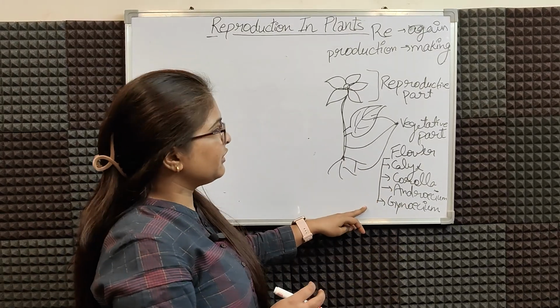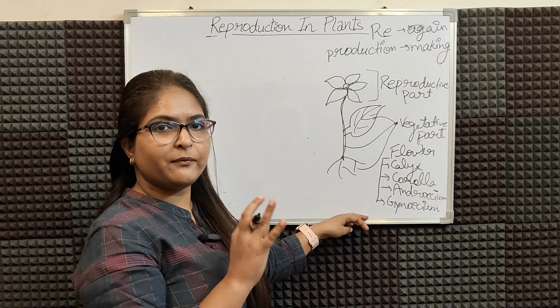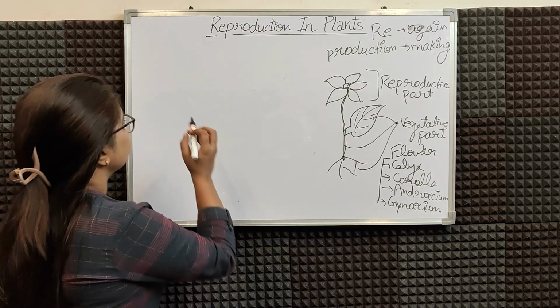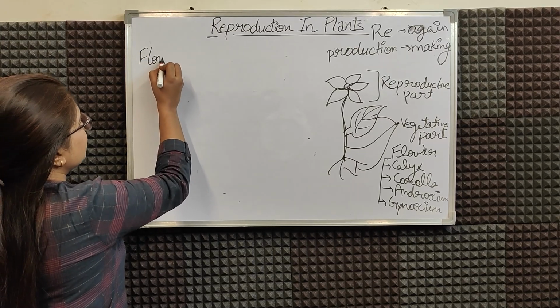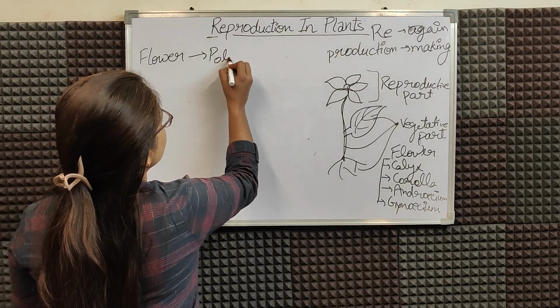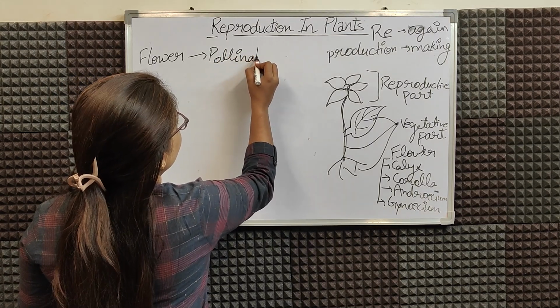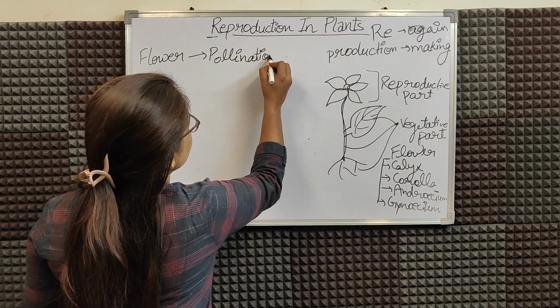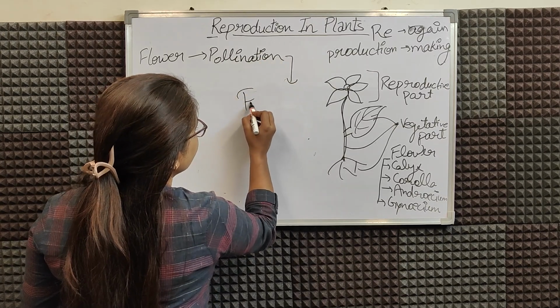But when we are talking about the exact processes that occur between the flower and the seed, the first one is the flower, and it is pollinated by many factors like insects, water, air, and after it fertilization occurs.